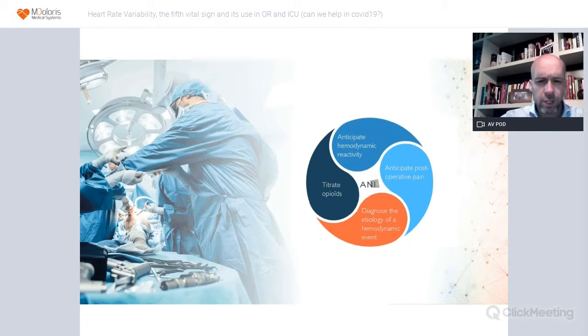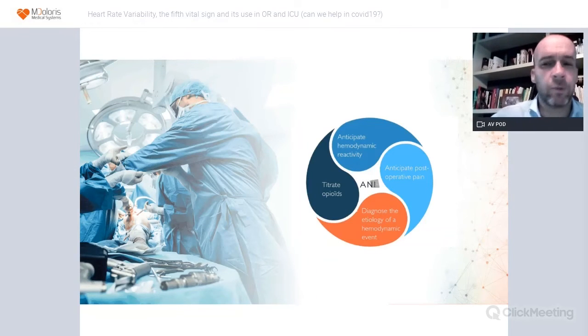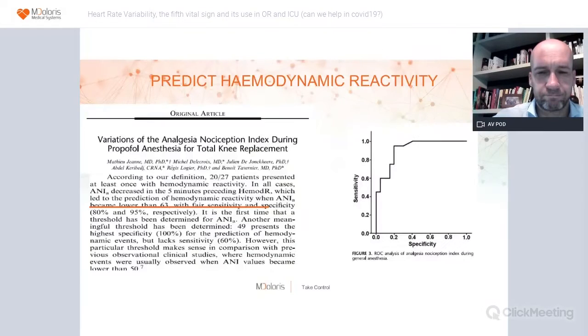And you will be able to diagnose the hemodynamic reactivity. You will be able to detect it in advance, as we said. So we are going to be able to predict hemodynamic reactivity. This has been proven by several articles. There is one from Boselli, but this one is from Mathieu Jean, one of the first ones that was published.